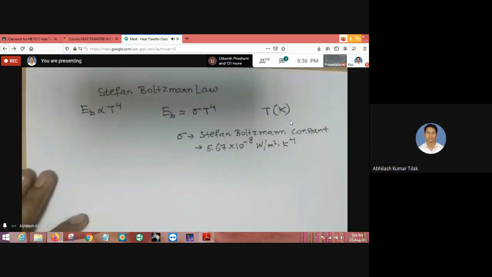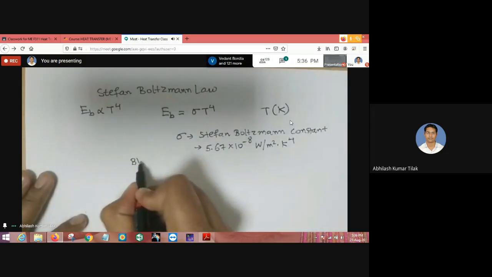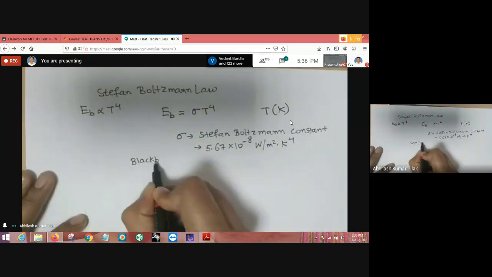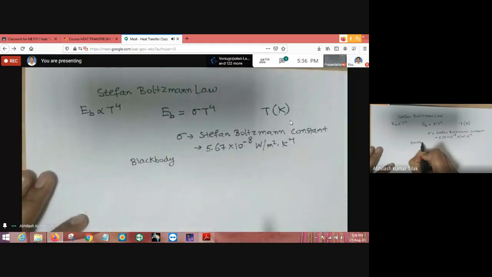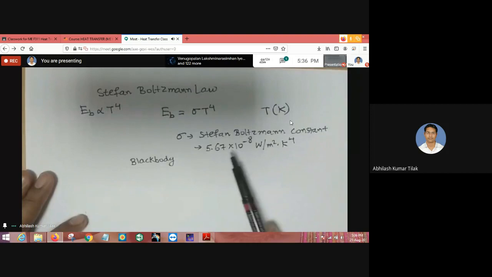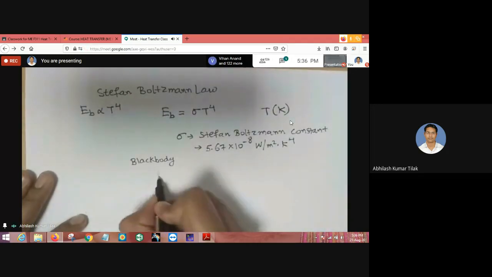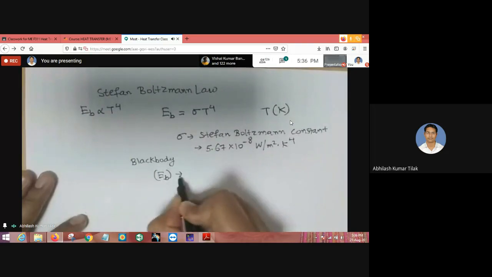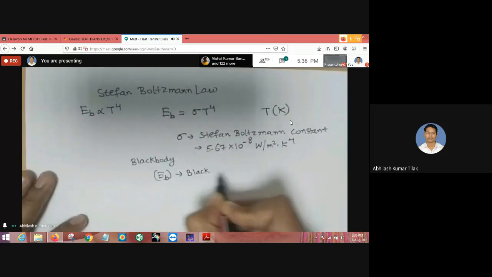Now, the idealized surface that emits radiation at this maximum rate is called a black body. The body which emits radiation at this maximum rate is termed a black body, and this EB is called the black body emissive power.